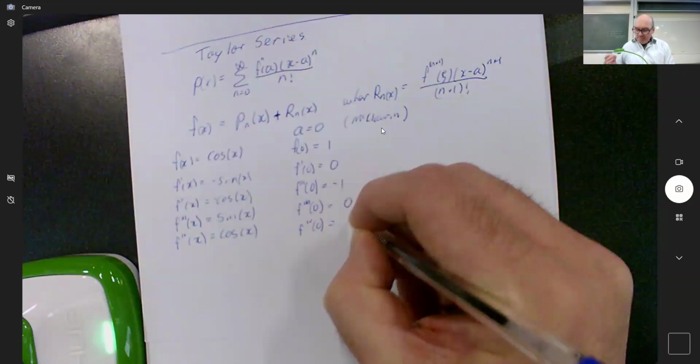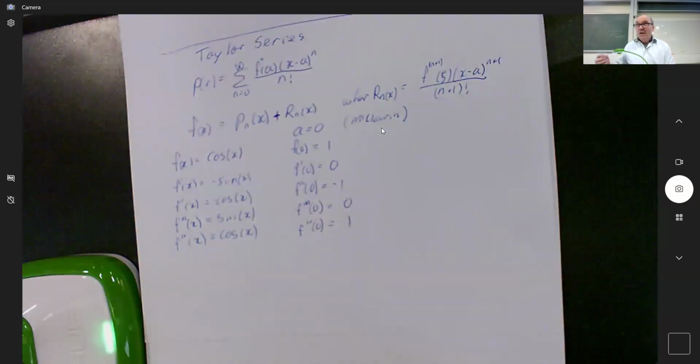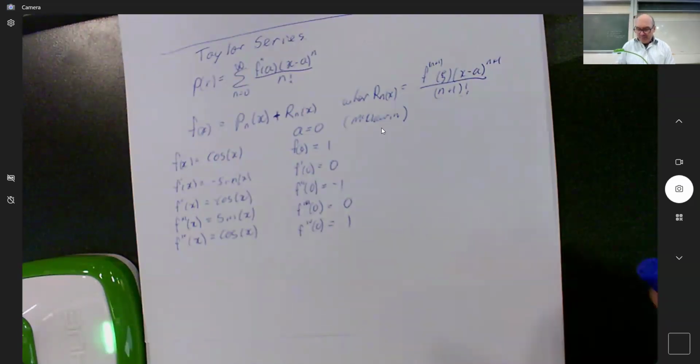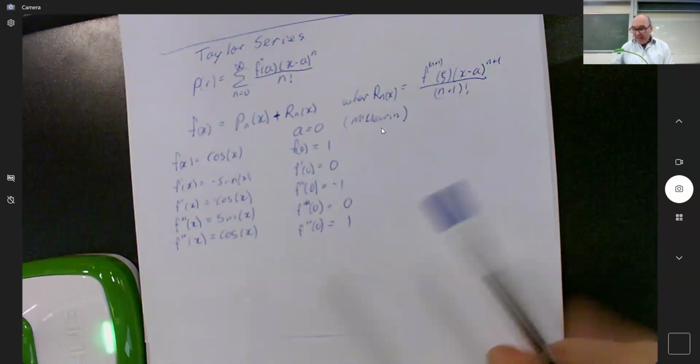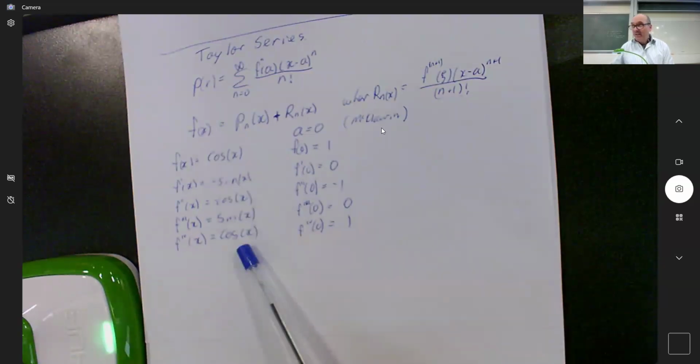If you're actually calculating a Maclaurin or Taylor polynomial by hand, I literally recommend you do this. Calculate the sequence of derivatives, and evaluate those derivatives at the value a you've been given.